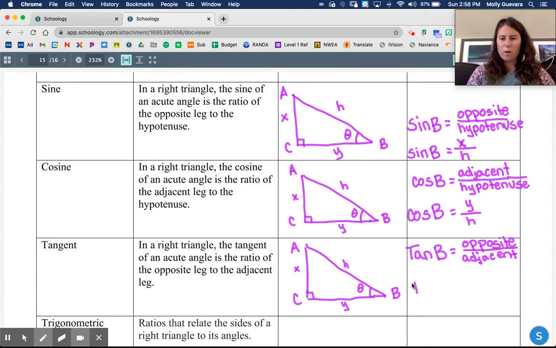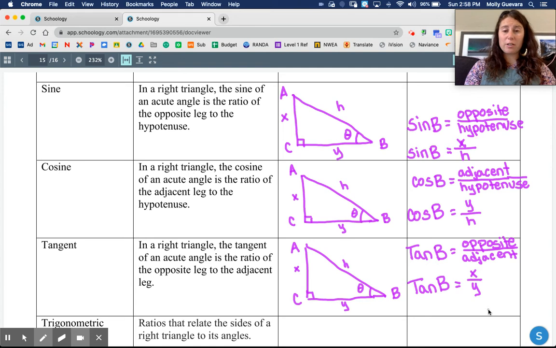So if I want to find tangent of angle B here, the opposite side is X, so X will be on top. And the adjacent side is Y, so Y will be on bottom. And those are just my 3 trig functions. And again, they're just setting up fractions. And we'll have a lot of practice with this.